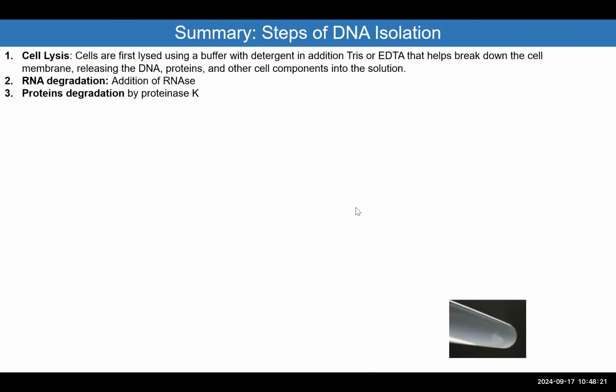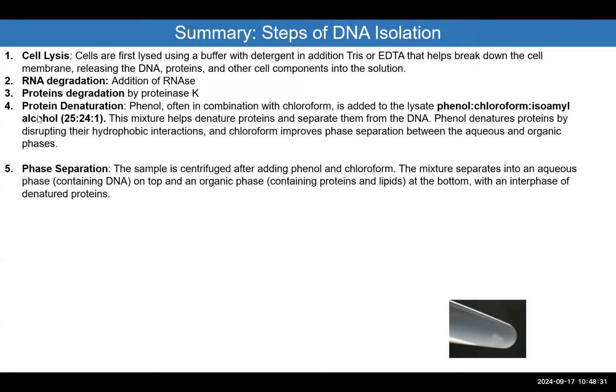Okay, so in this slide, I summarized everything I talked about before. First cell lysis, then RNA degradation, then protein degradation, then denaturation of the proteins by adding the phenol chloroform mix, which is the mix you have to be careful with. It's phenol chloroform isoamyl alcohol. Then you would do the centrifugation, and you get the separation into two phases and an interphase.